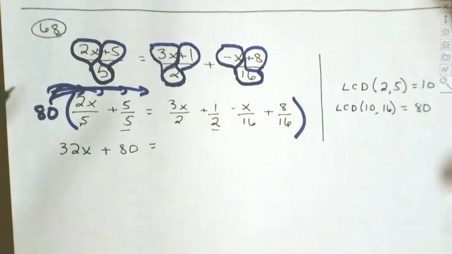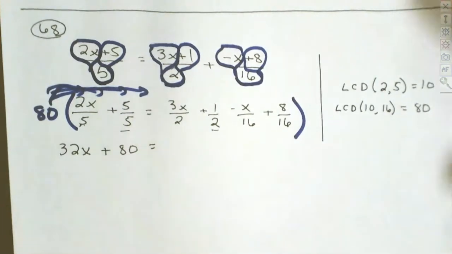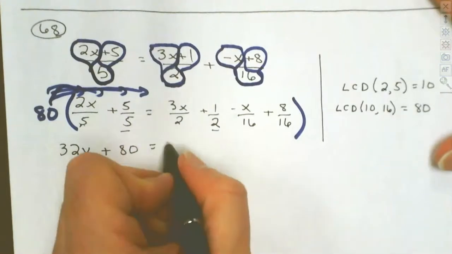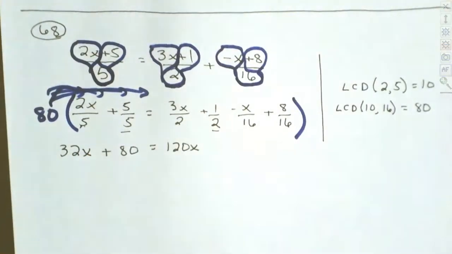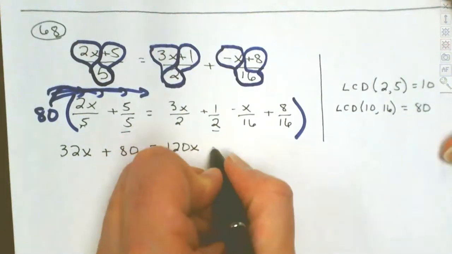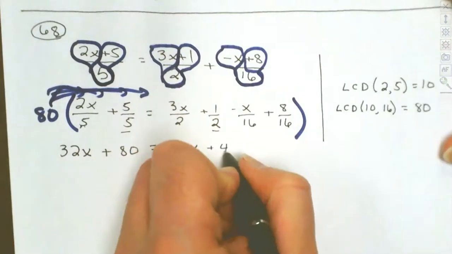Next, 80 divided by 2. Well, 80 divided by 2 is 40. And 40 times 3 is 120x. Next, 80 divided by 2 is a 40. Times 1 makes it a 40.